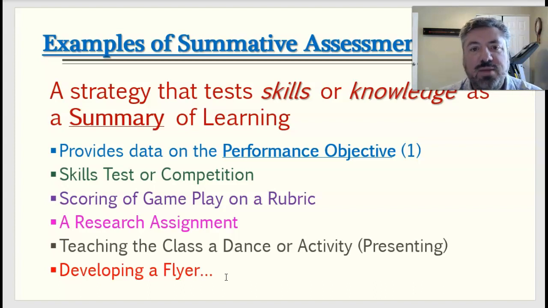So if they're able to do that and list all the different skills and plan out a well-sequenced practice activity on their camp flyer for that sport, they understand how everything ties together. So those are good examples of some summative assessments. For yours, on your lesson plan, make sure it ties directly to your performance objective, and it will probably be some kind of skills test or teacher observation on performing a skill.